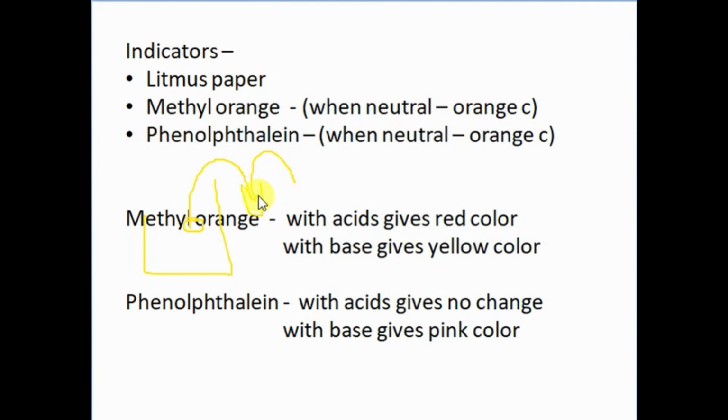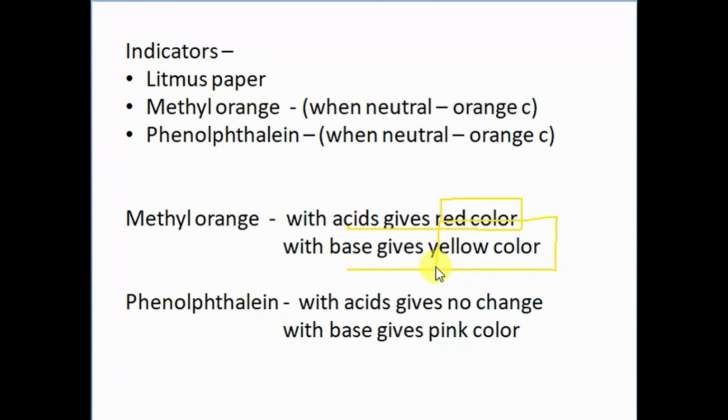If the color changes to red, it means the solution you have taken was acidic. And if after adding methyl orange the color turns yellow, that means the solution was basic. So to brief it, when methyl orange reacts with acid it gives red color, and when it reacts with base it gives yellow color.